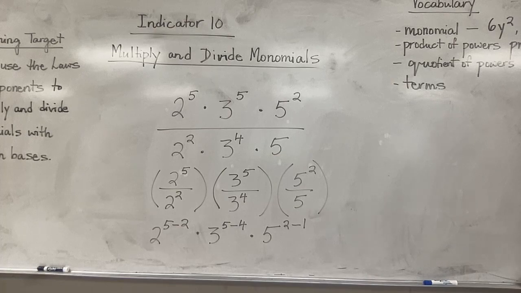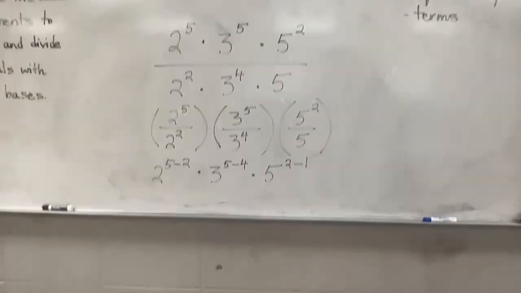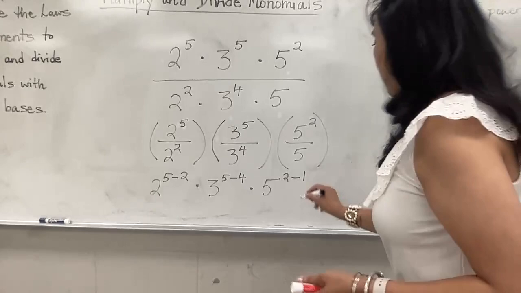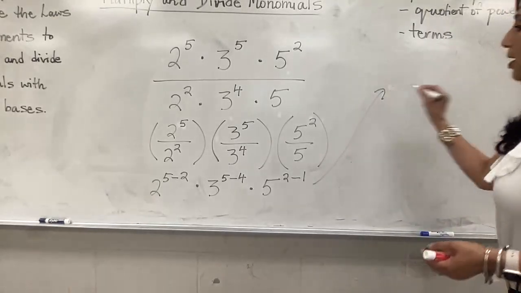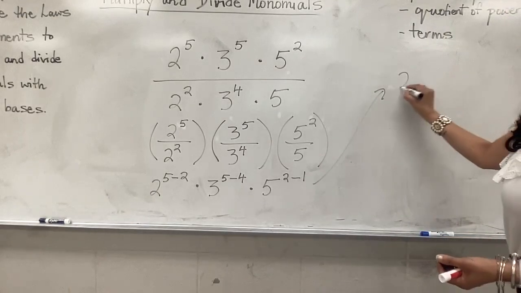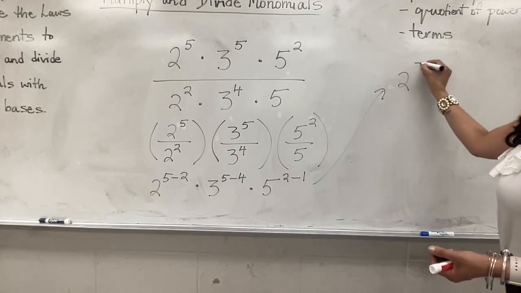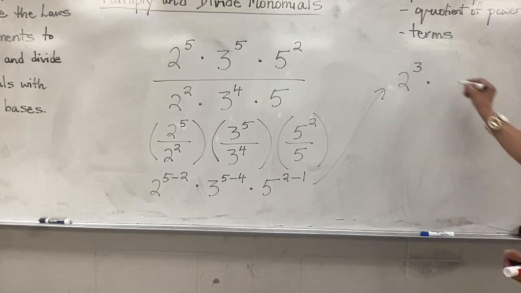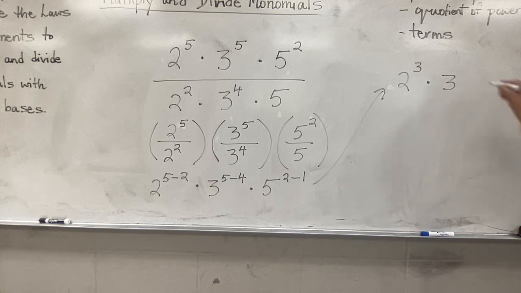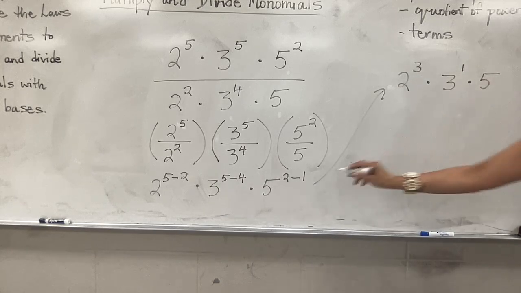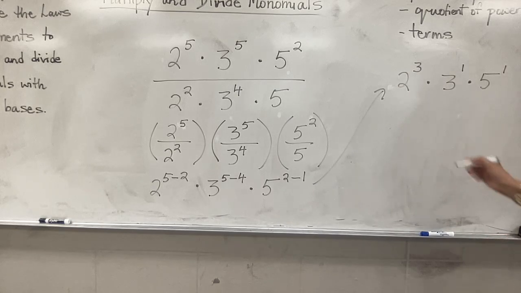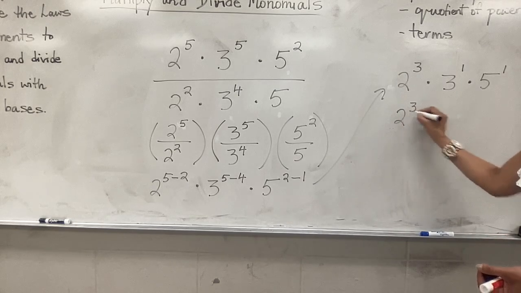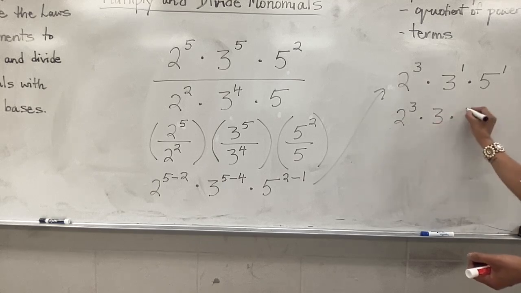And when I simplify this, 5 minus 2, I get 3. Times 3, and 5 minus 4, I just get 1, right? Times 5, and 2 minus 1 gives me 1. So this basically means 2 cubed times 3 times 5.